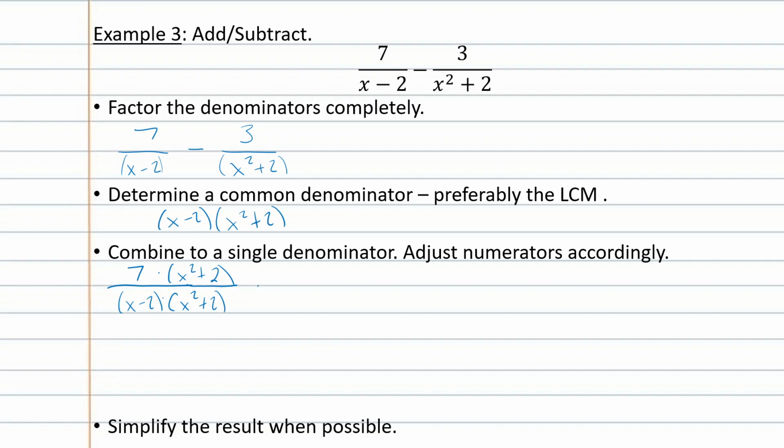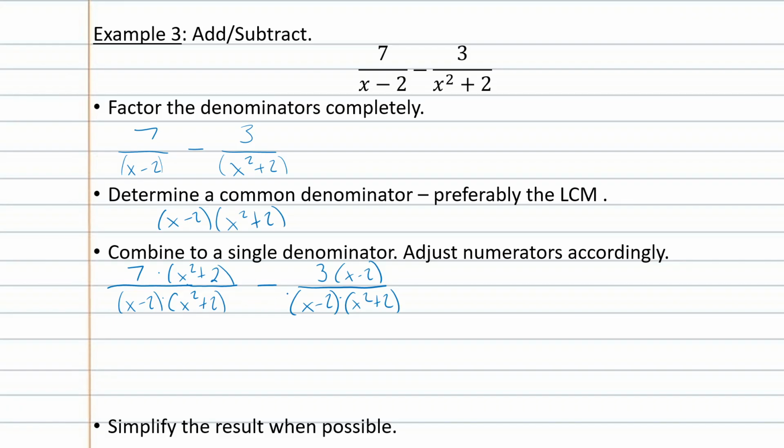Then we're going to go to the next term, the 3 over the x squared plus 2, right? We want it to be a common denominator, so we really want that x minus 2 in there as well. So we want to multiply that in as well. If we do it on the denominator, we also have to do it on the numerator, so that we're technically only multiplying by 1 and not really changing the overall equation.